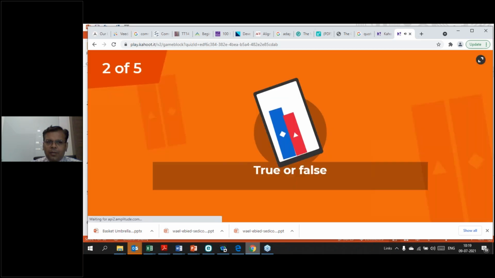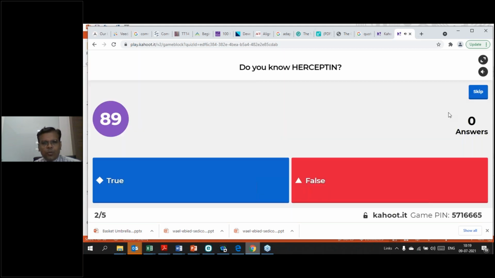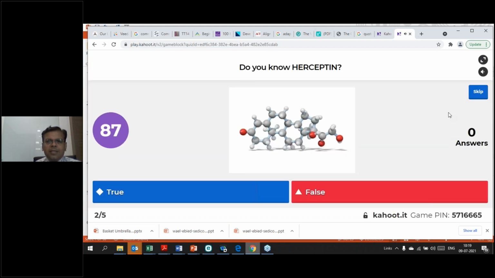Okay, Sanand Kumar was the fastest. I'm not sure if you know this, Herceptin. Have you heard of this? If you have heard of it, you could say true, and if you've not heard of it, you could just say false.